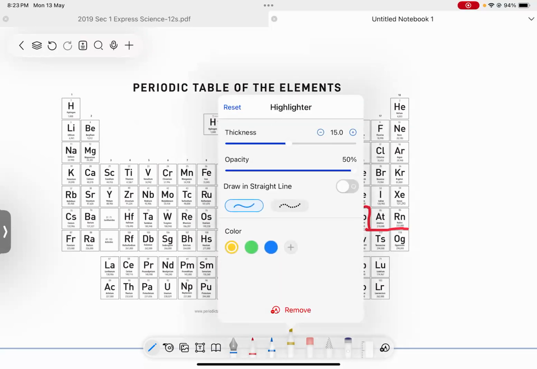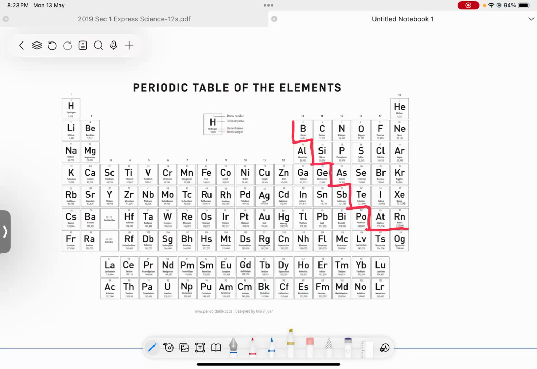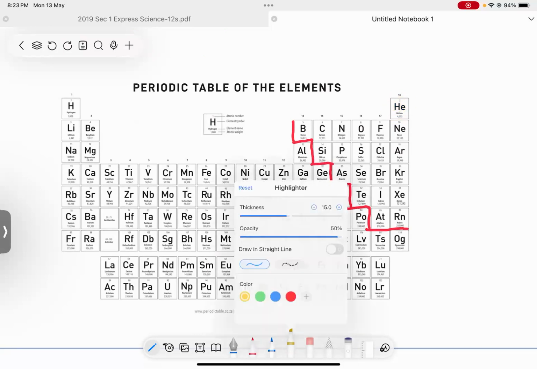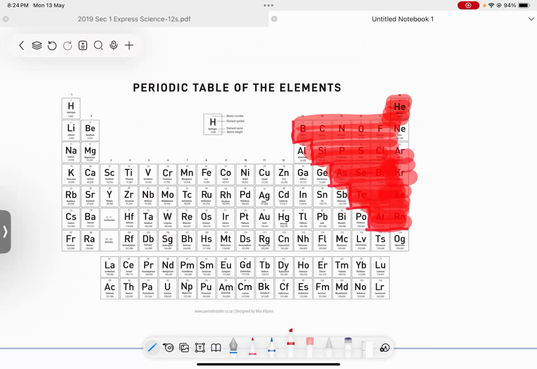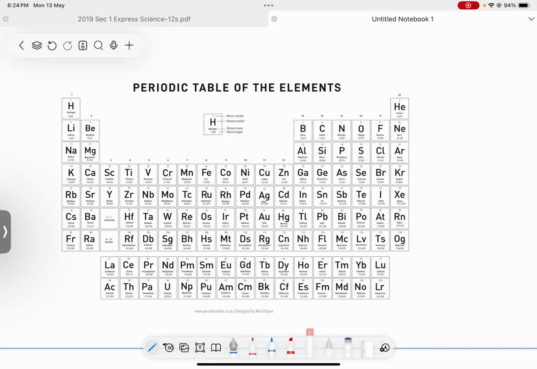Okay? So this whole side here represents non-metals. Okay? Let me erase the line so that you guys have a clear view of this.